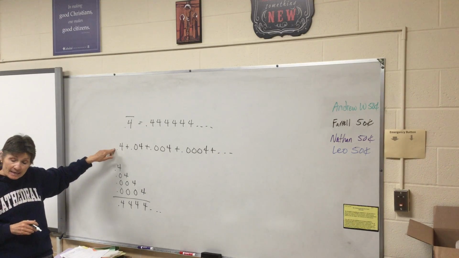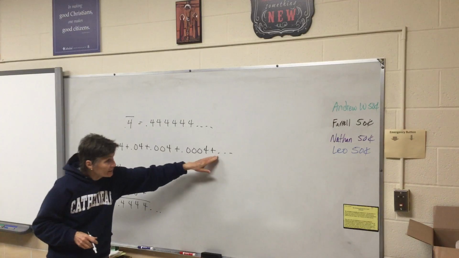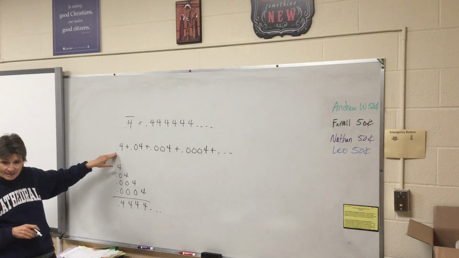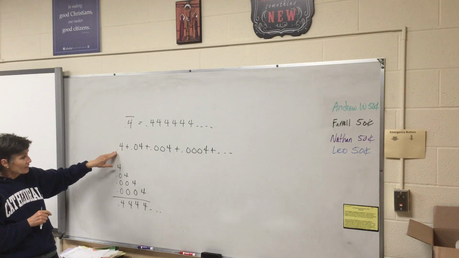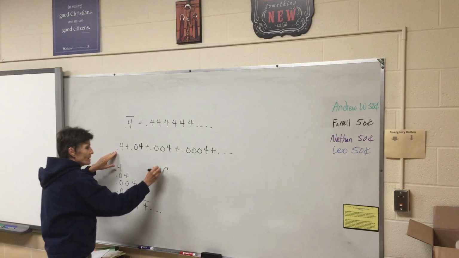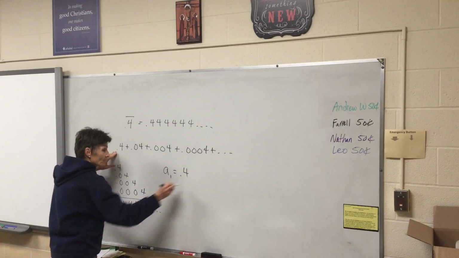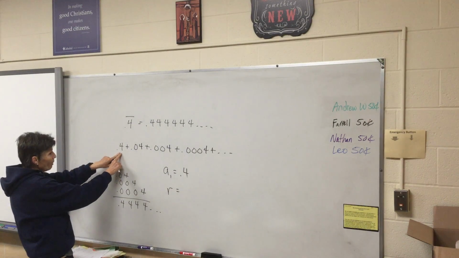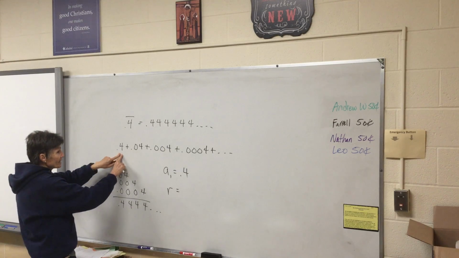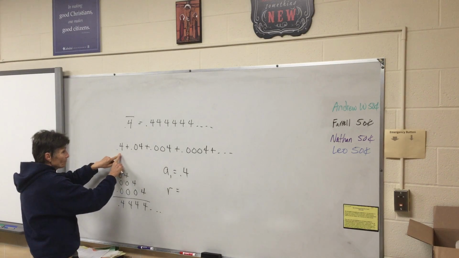This is clearly an infinite geometric series. This is exactly the kind of problem we were just looking at. The first term is 0.4. What's the ratio? What am I multiplying by to get from term to term here?